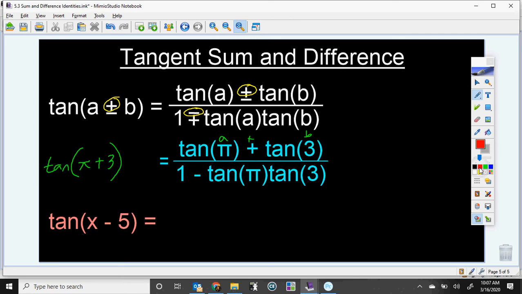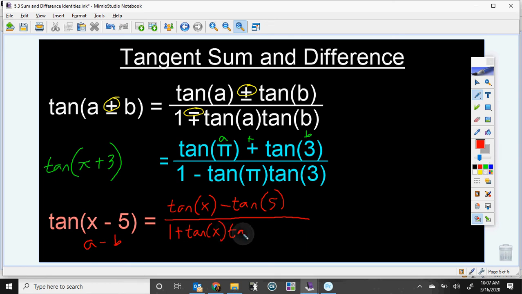Well, what if I try to start off with tangent of something a plus b, or in this case, a minus b, and then get this? Well, we'll say tangent of a, which in this case is x, minus, because we use the same sign, tangent of our b, which is 5, all over 1, and then opposite sign, so plus tangent of a, which is x, tangent of our b, which is 5.